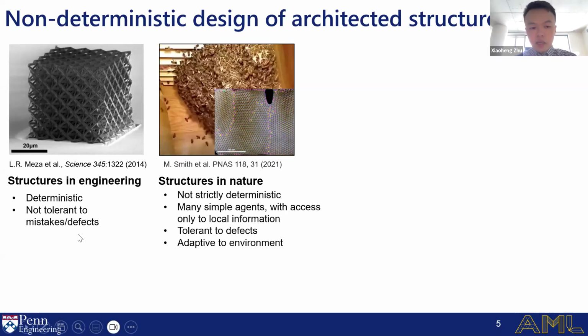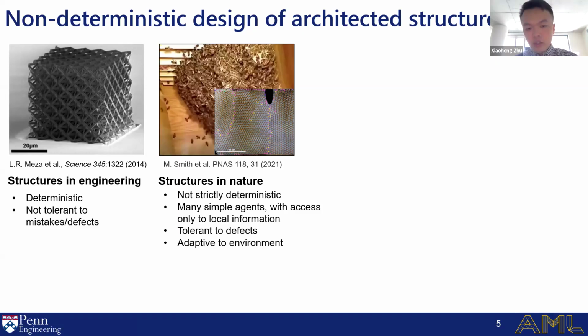In that case, these samples may have low defect tolerance. For example, for 3D printing or a CNC machine, after you finish your one part, if there is a single defect, the entire part should be abandoned. It cannot be used. However, for the structures in nature, it's quite a different story.